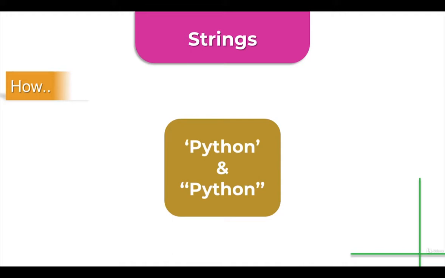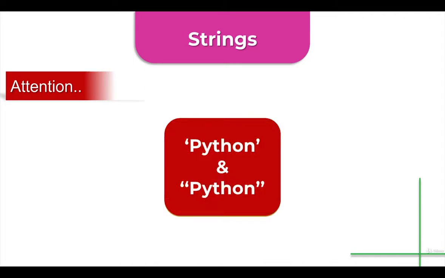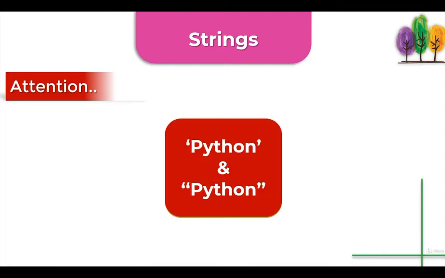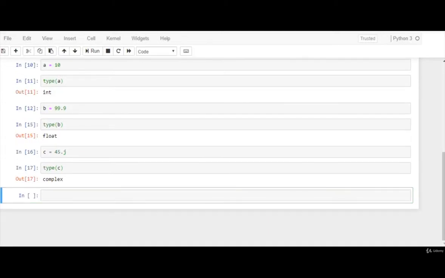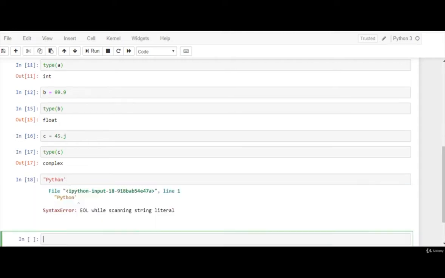The point to note here is, if we start to create the strings with double quotation marks, we have to finish with double quotation marks. So if we start with a double quotation mark and finish with a single quotation mark, we'll get an error like this.